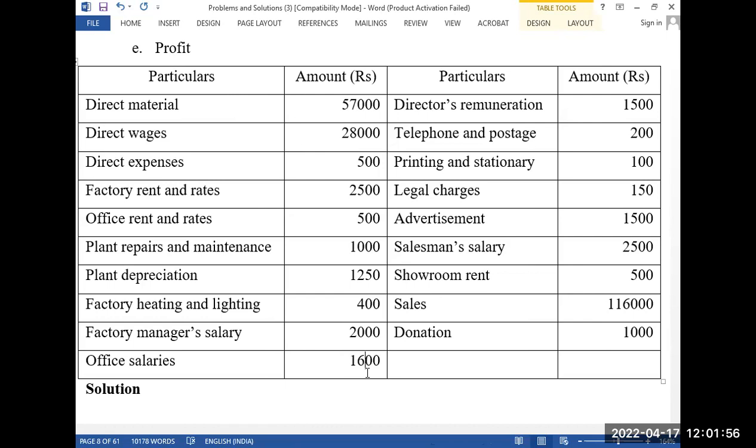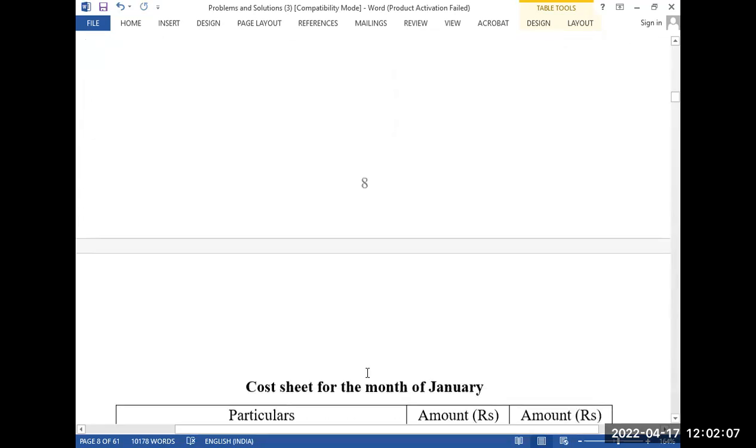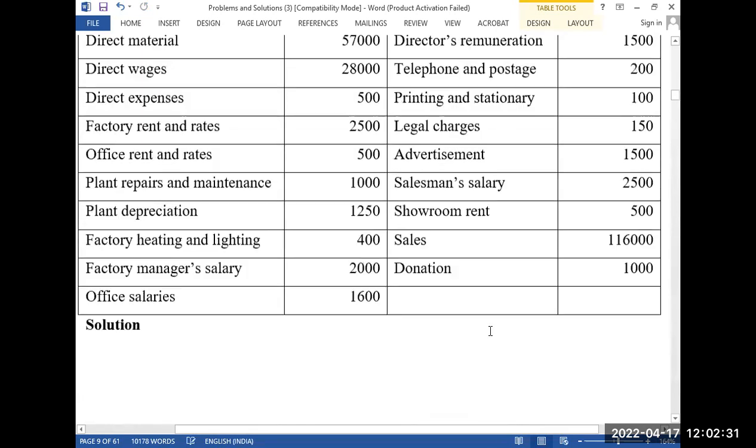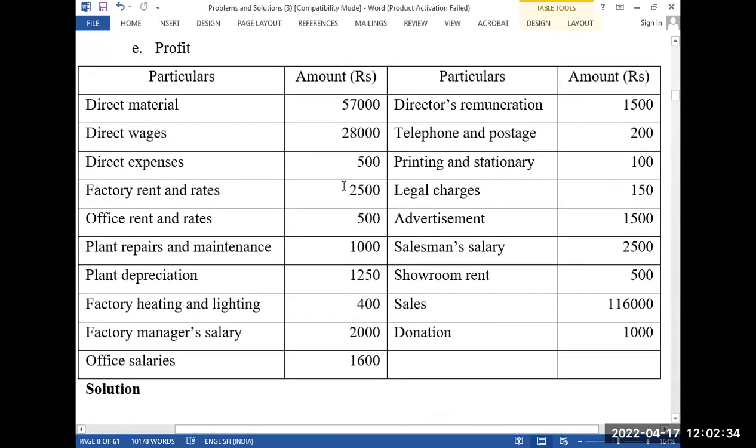Okay, the total of those five items of factory overhead is 29,650? Or 7,150? If that is the case, the factory cost is going to be 92,650. So is his factory rent 25,000 or 2,500? Can you check? 2,500, sorry.